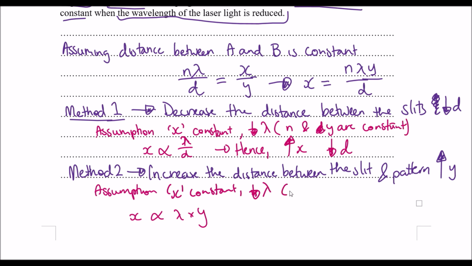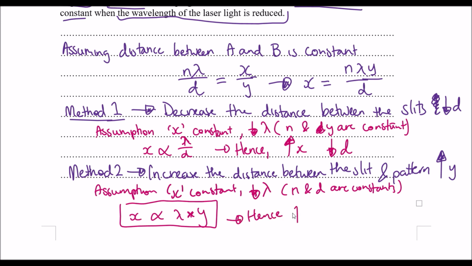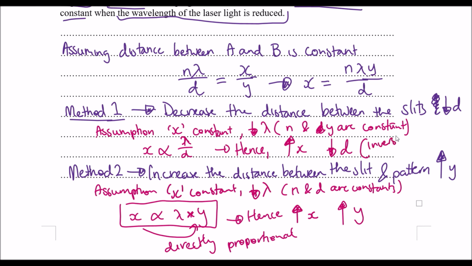If I want to increase x, I'll have to increase y, because y we can see is directly proportional, while d on this hand is inversely proportional to what we're trying to get.